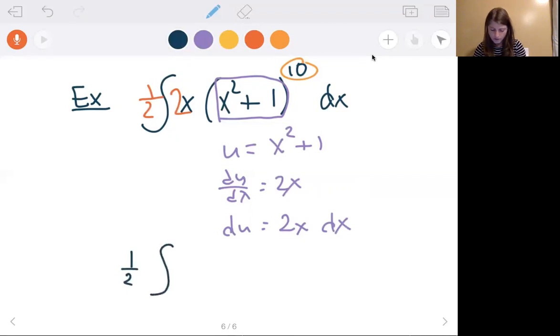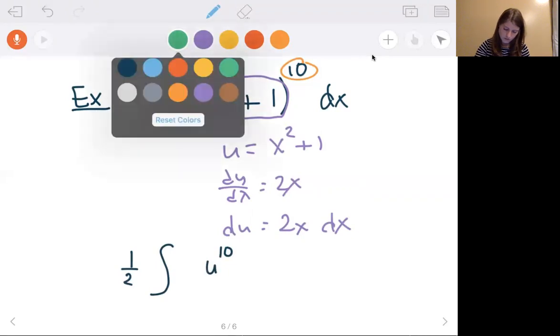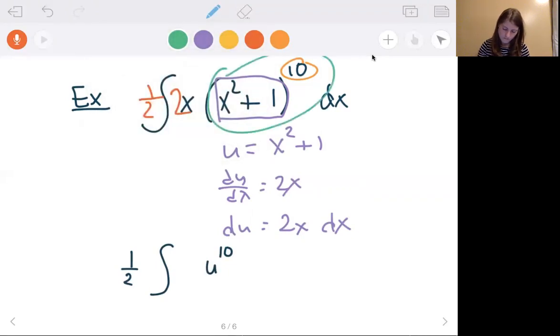So then this becomes u to the 10th. So here's our component u to the 10th. And then we're going to replace the 2x dx with our du. So this becomes 1/2.